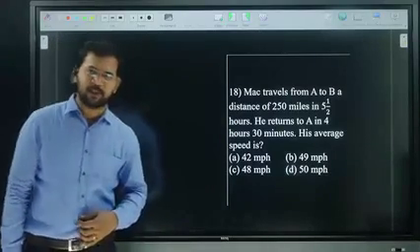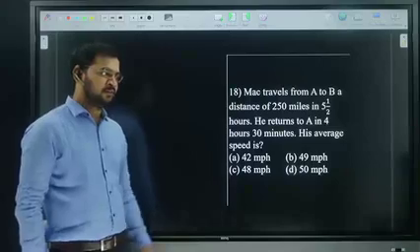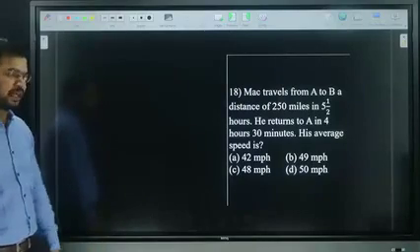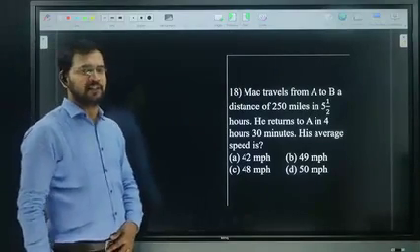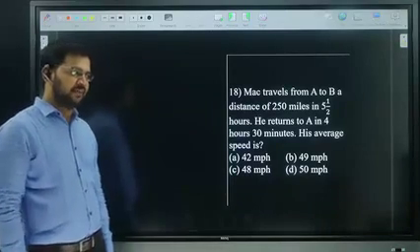I am waiting for your response. What is the answer for this question? Anyone? So straight away question. Average speed, I already explained the average speed concept. Anyone?